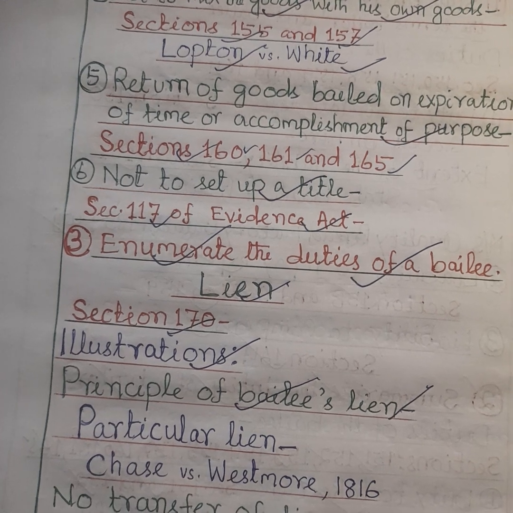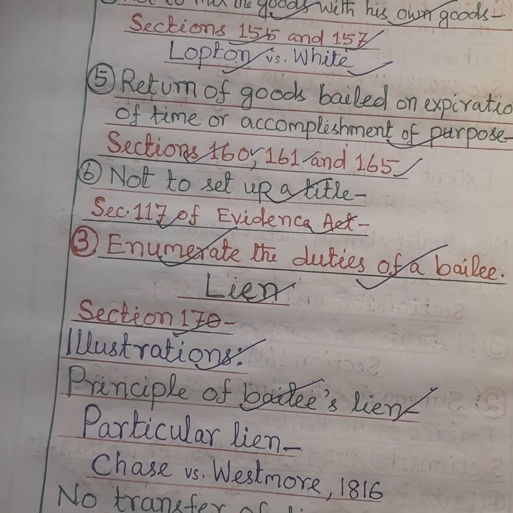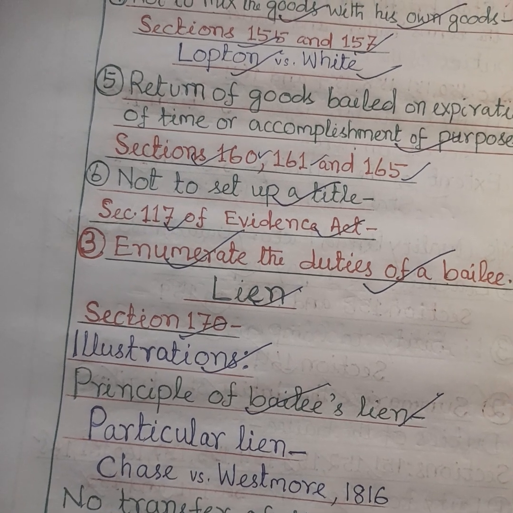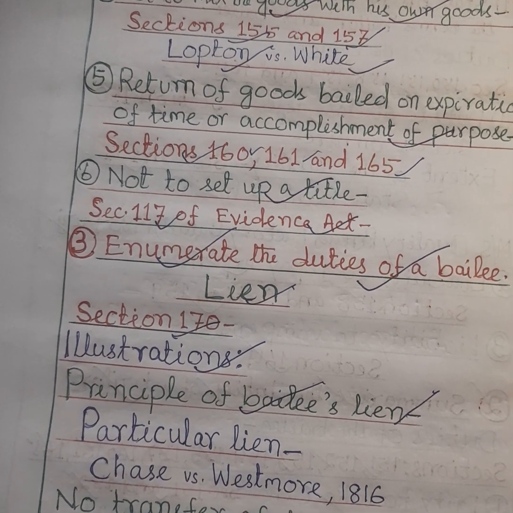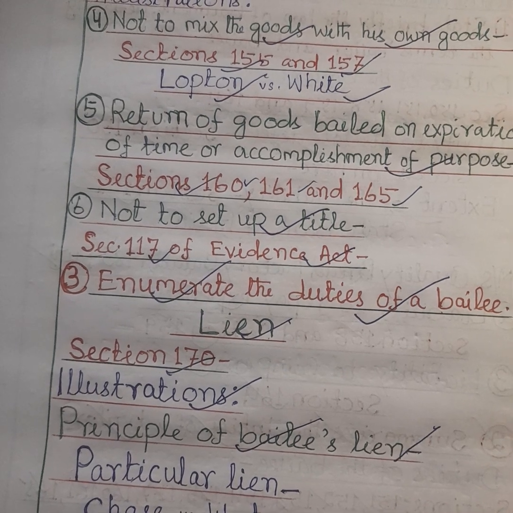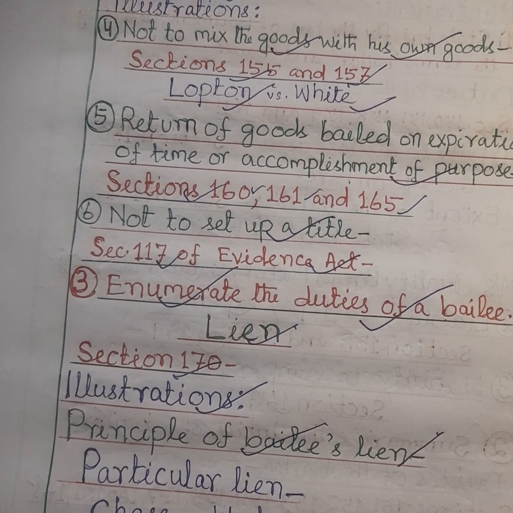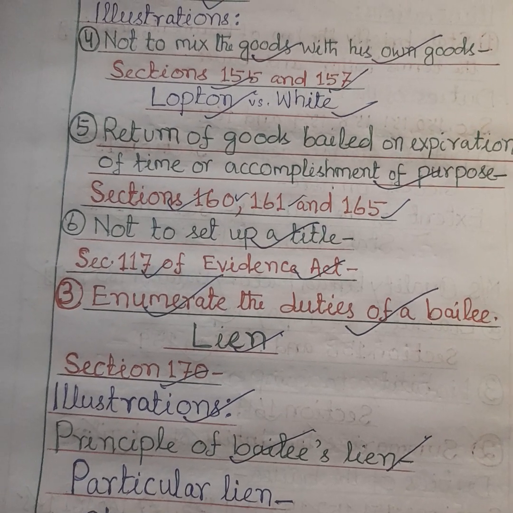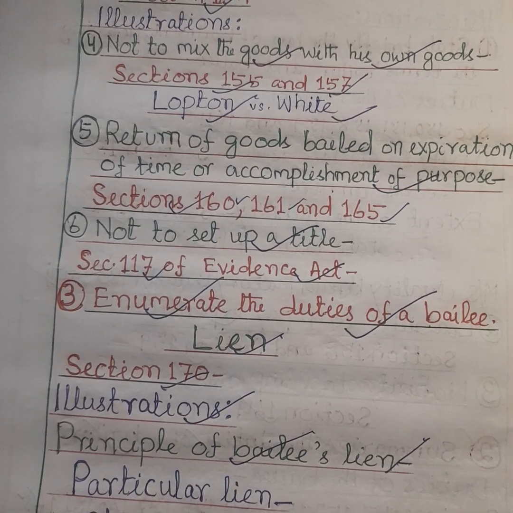So, where a bailee has expended his labor and skill in the improvement of a chattel delivered to him, he has a lien for his charge in that respect.